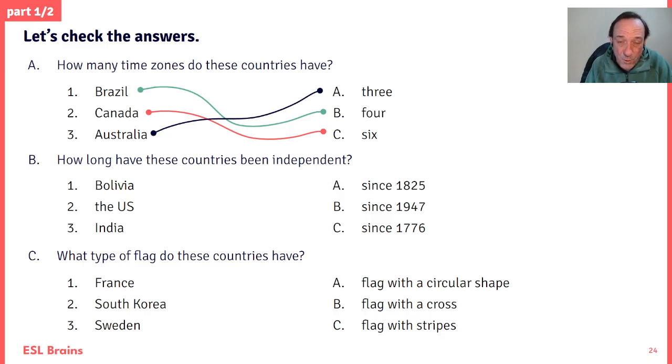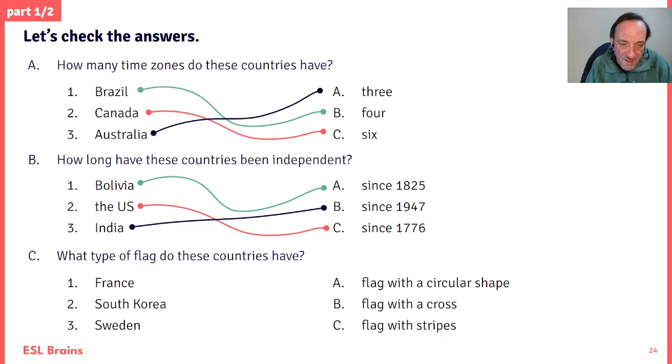Now, 1825, 1947, and 1776. So I know the United States became independent in 1776. And also, I know India became independent in 1947. So Bolivia is 1825, US 1776, and India 1947.